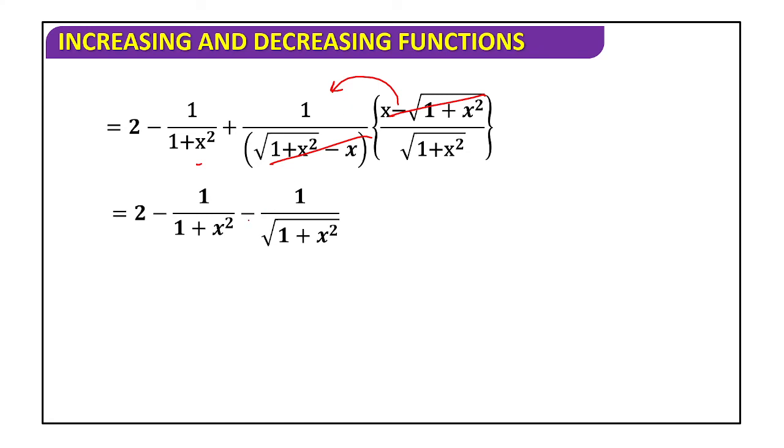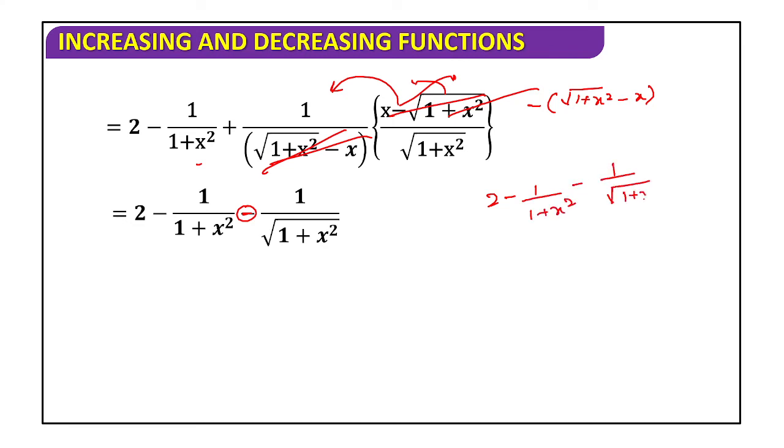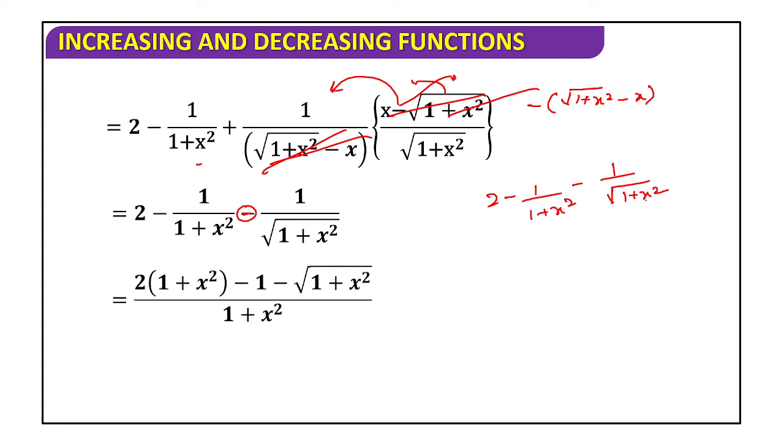Take negative common from this, so these two terms will exchange their places. Therefore you can cancel these terms, minus will be outside, so that 2 minus 1 by 1 plus x square minus 1 by root of 1 plus x square. From that you can see it will be 2 times 1 plus x square minus 1 minus root of 1 plus x square divided by 1 plus x square.